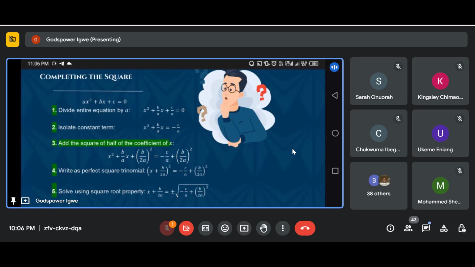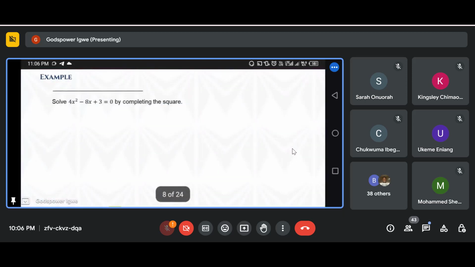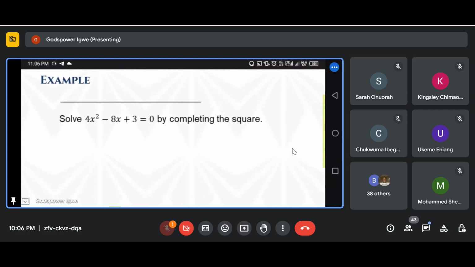Okay, let's just pick this. Completing the square. Somebody give me this particular question.